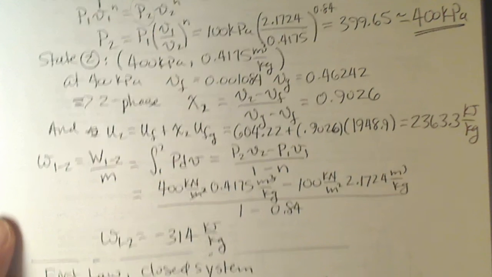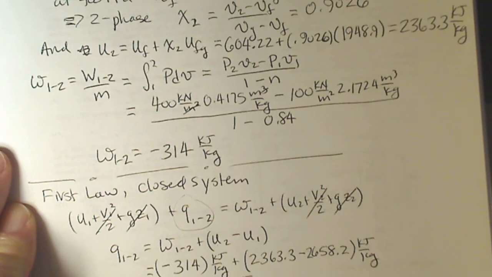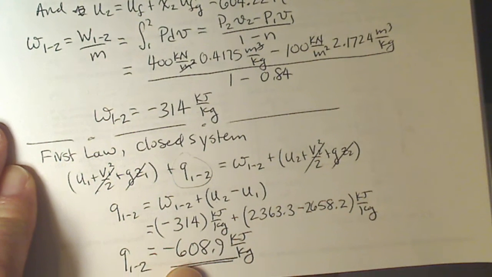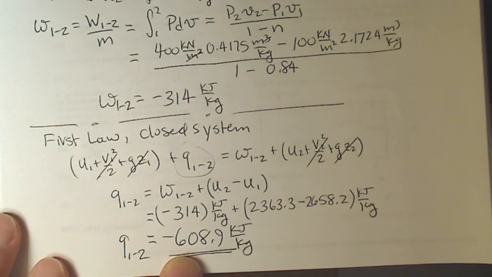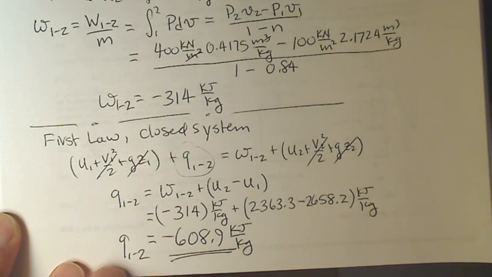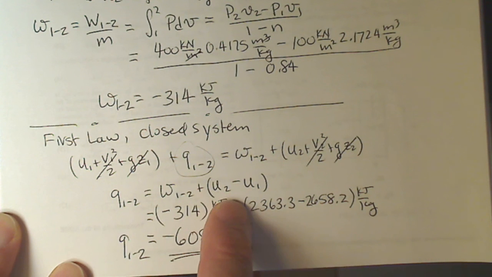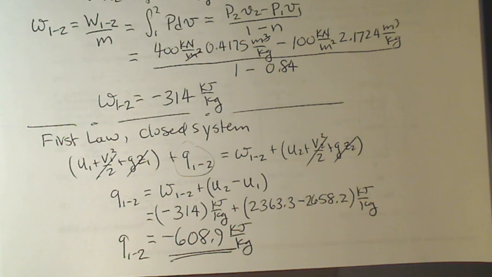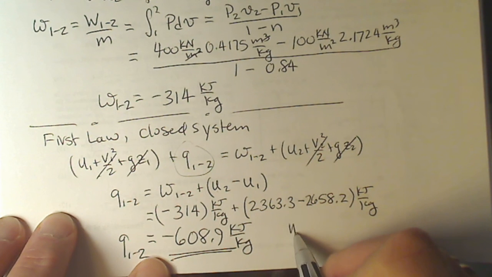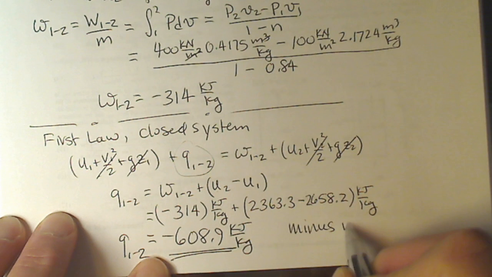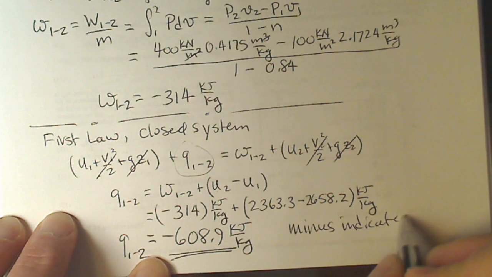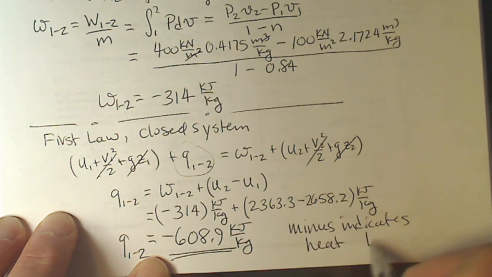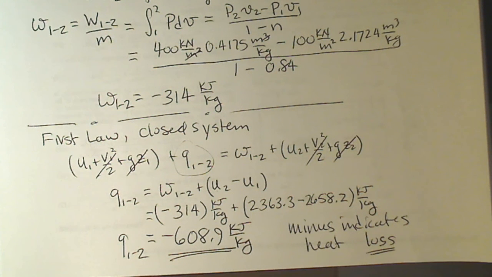And then finally, we did write the first law, conservation of energy, for this constant control mass, and found that the heat transfer is the work plus the change in internal energy. All of those are negative quantities, and so the heat transfer is away from the system. Heat is lost from the system, not added to the system.